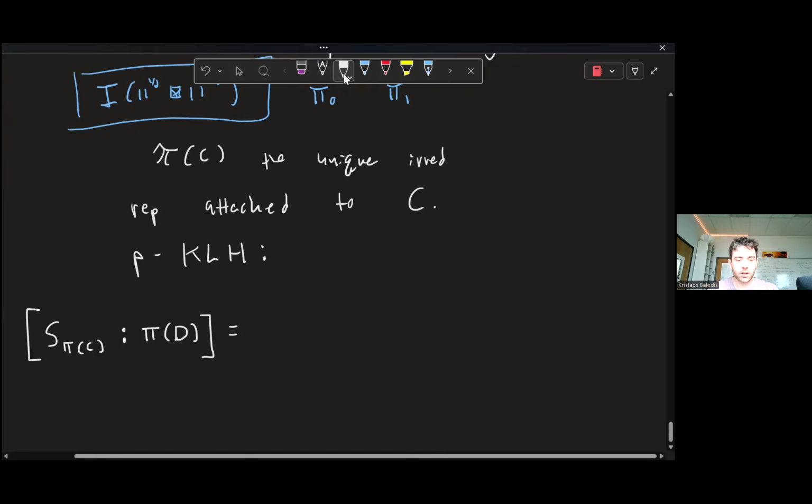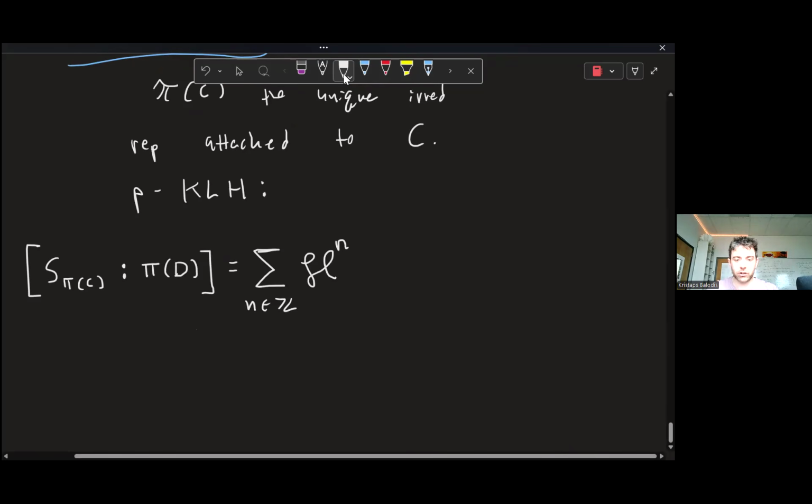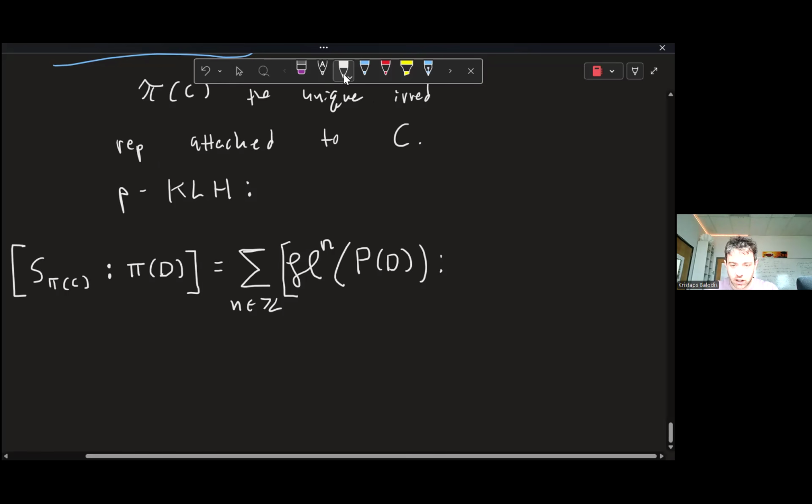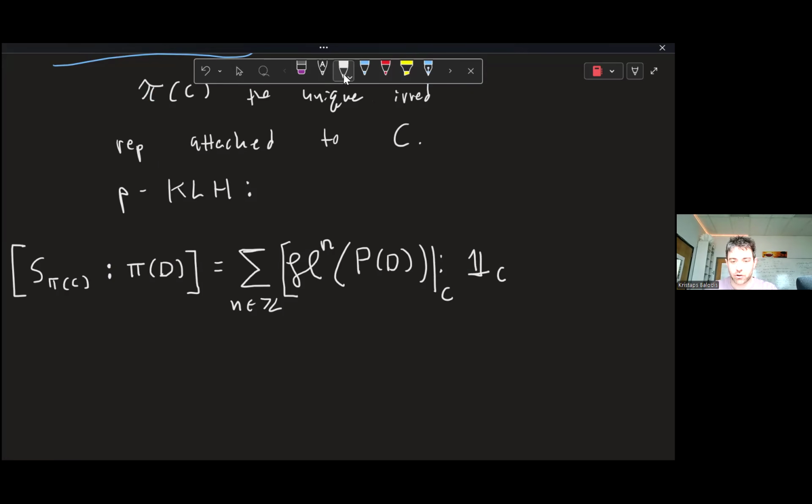Then the answer should be given by the sum over all integers of the nth cohomology group of the perverse sheaf attached to the orbit D. And one other thing I need to do is then ask how many times I need to restrict this down to the orbit C, and ask how many times the trivial sheaf appears in here. So I think I have some explaining to do of what all of these words mean.